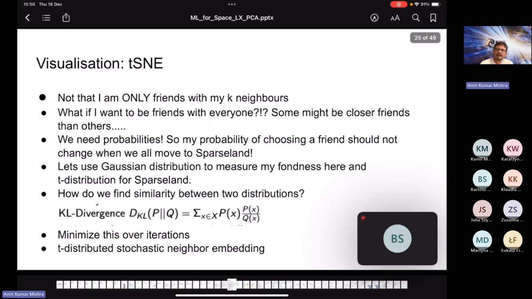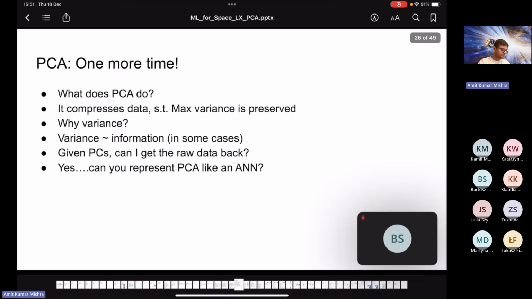So you use that, and same process. You iteratively try to make sure that the KL divergence of every bunch of points is minimized, and then you end up with something that is in 3 dimensions, but is representative of the structure of the data in high dimension. So you can actually look at that and see if there are some structures.